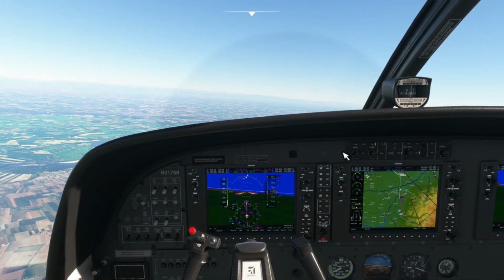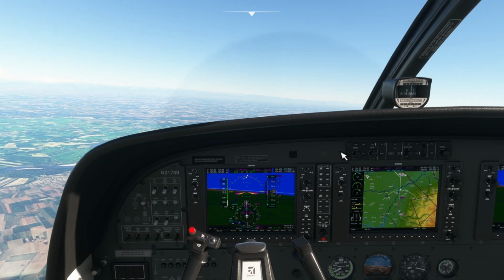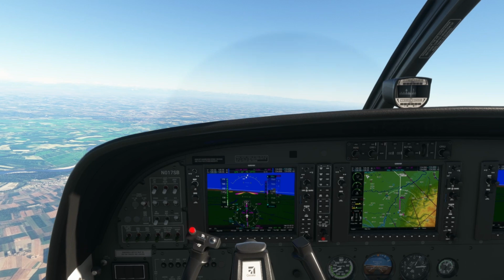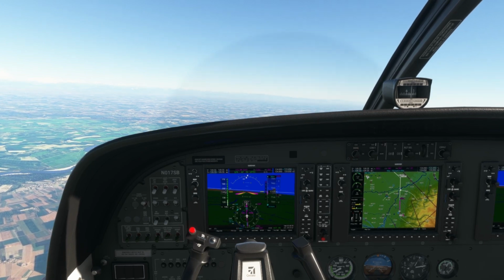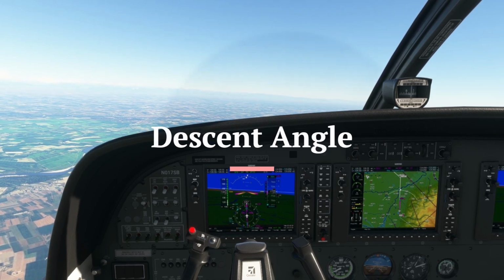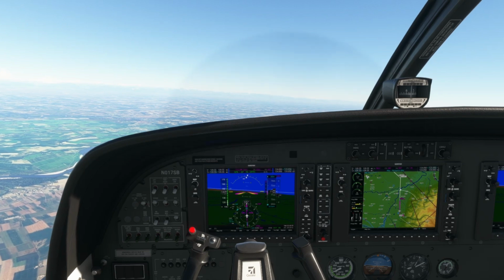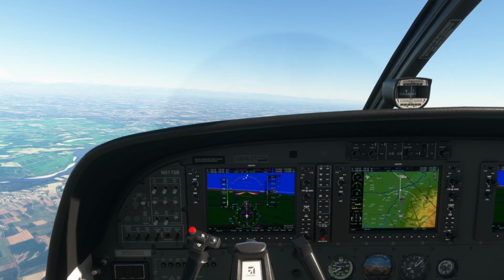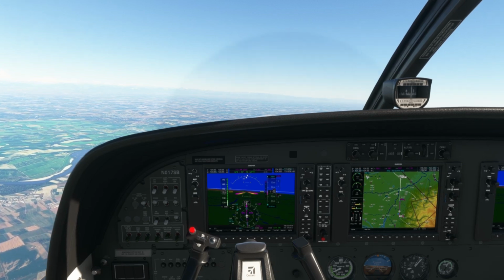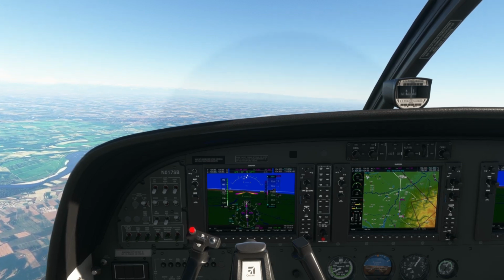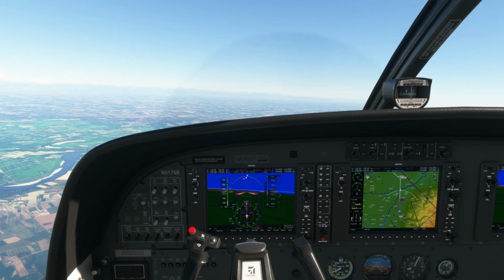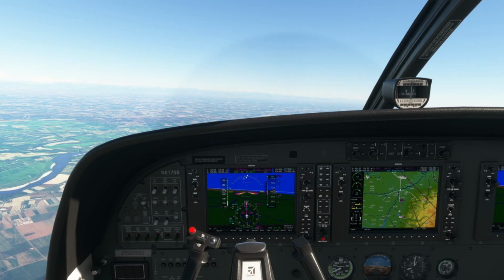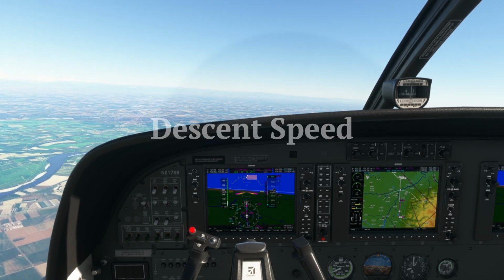For the planning, there are some important aspects that you need to consider. The first and a really important one is the descent angle. Most pilots, if not all of them, descend at 3 degrees. There are some exceptions, but the key is a 3-degree descent path, which means you have to figure out the distance of the top of descent from the airport or a certain fix, and the feet per minute which you need to descend.